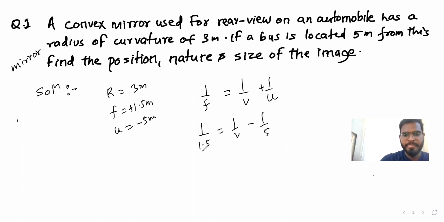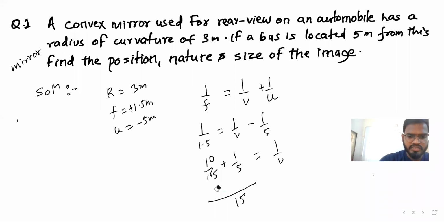So we can say 1 by 1.5 plus 1 by 5, and 15 is the LCM. Here it is going to be 10, and then 3, so 13 by 15 is equal to 1 by v.